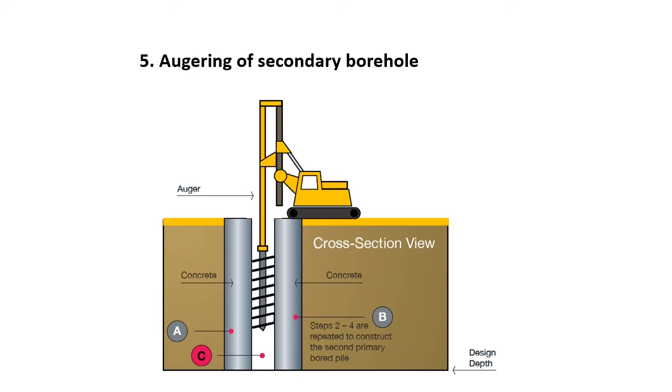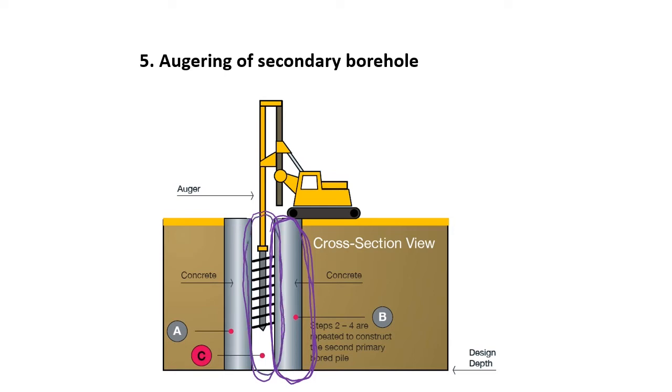Step 2 dengan step 4 actually dah di repeat supaya kita dapat construct another primary second pile. Okay, this one sebab dia kan alternate kan, in between of that primary tu akan ada secondary, so dekat tengah ni ada secondary, and kita buat lagi augering untuk secondary borehole, maksudnya secondary second pile.